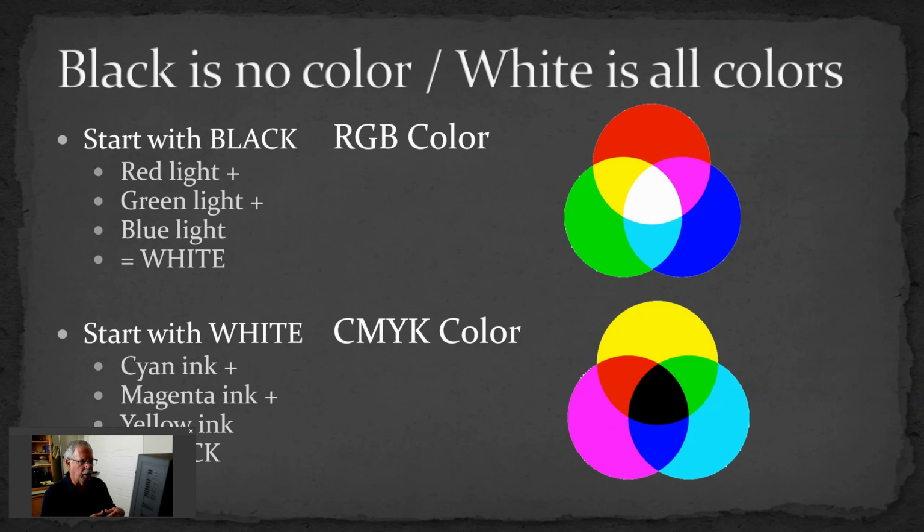So that's why when you're printing with ink onto white paper, you use cyan, magenta, yellow, and black inks. When you're displaying light on a monitor or a TV or an iPhone, you're using red, green, and blue, and red, green, and blue combine to make white. In the absence of any of those being turned on, what you see is black. So additive and subtractive color.